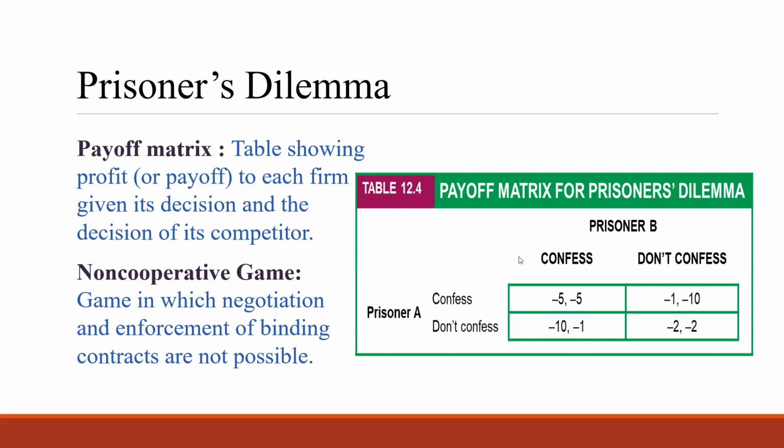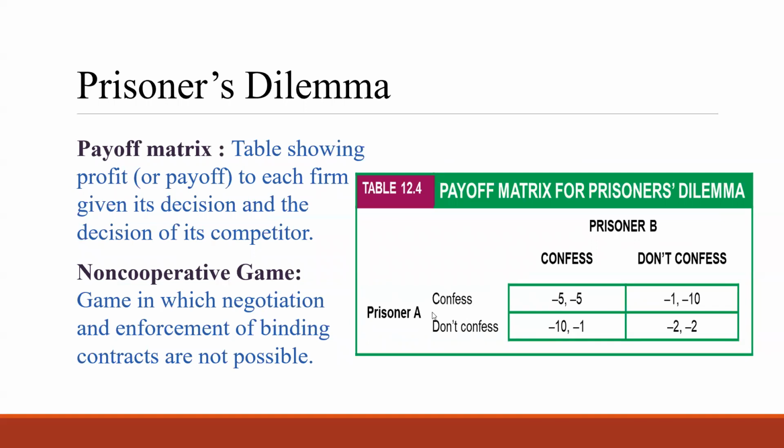Well, if you get betrayed, if the other prisoner confesses, right? Now you are choosing between confess, whose outcome is 5 years, and not confess, and you stay as the douchebag, in which case 10 years.